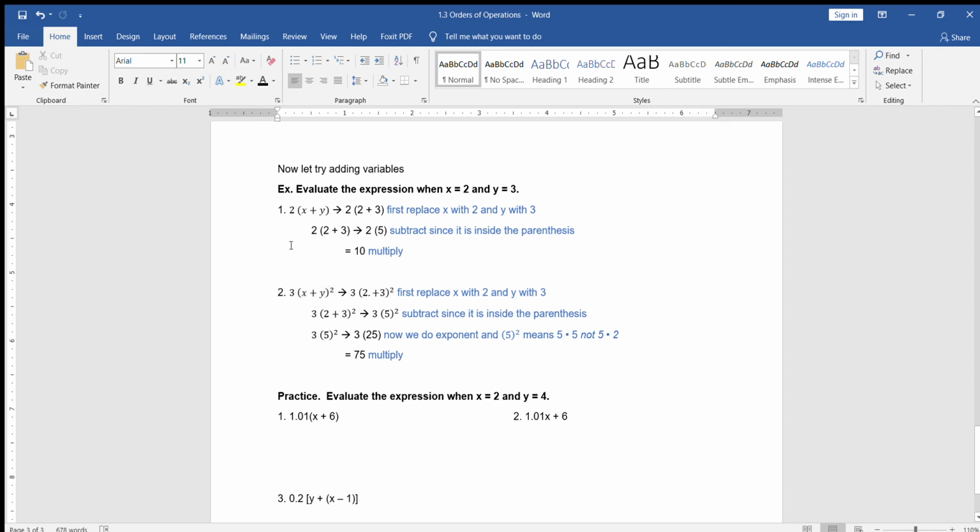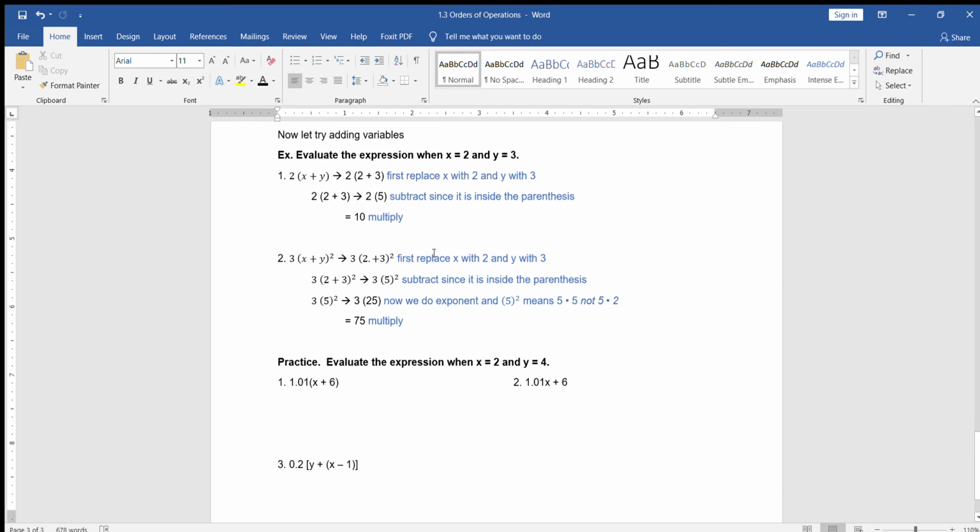Now we have 3 times (x plus y) squared. What do we do? Again, substitute x with 2 and y with 3. So this becomes 3 times (2 plus 3) squared. Now what do we do? We do the operation inside the parentheses. This becomes 3 times 5 squared.